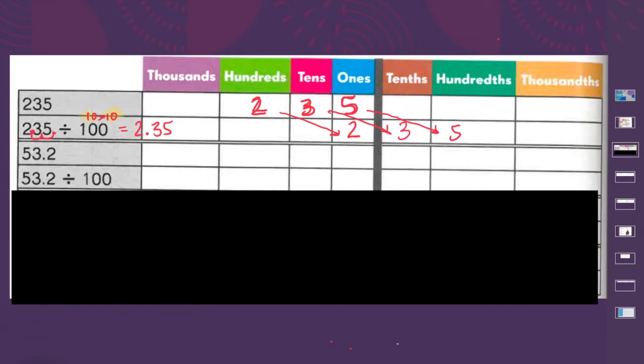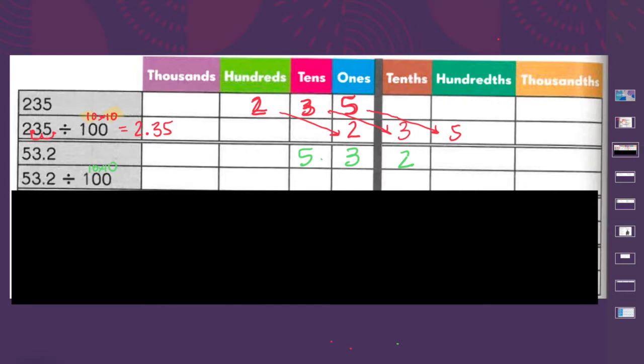If we had 53 and 2 tenths, so we have 5 tens, 3 ones, and 2 tenths. And if I'm dividing by 100, remember 10 times 10 is 100. And so as I divide each place value by 100, I'm going to be regrouping 2 place values to the right.